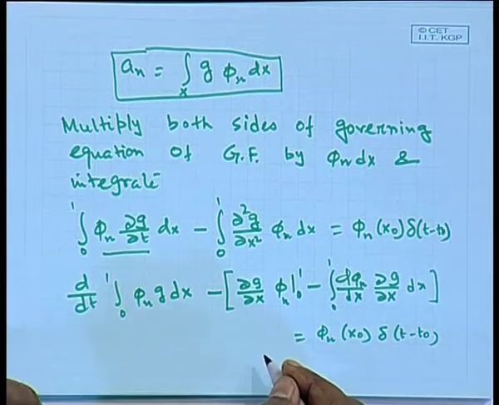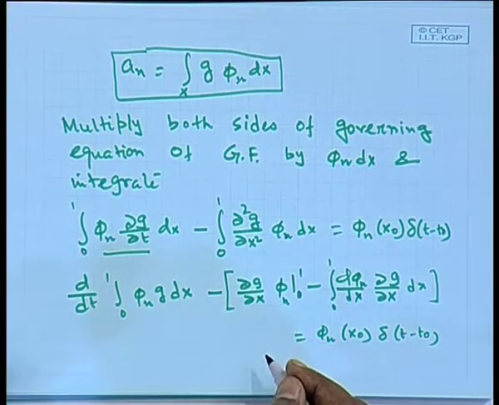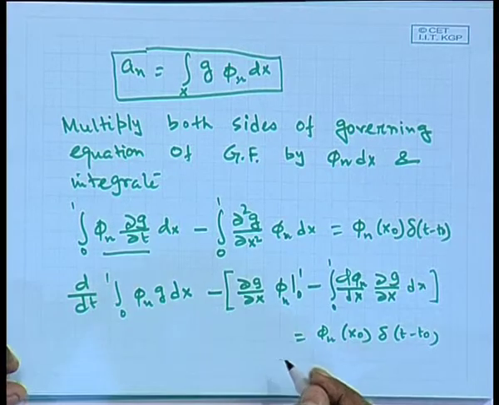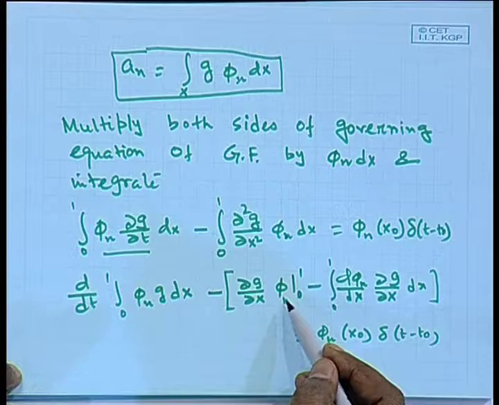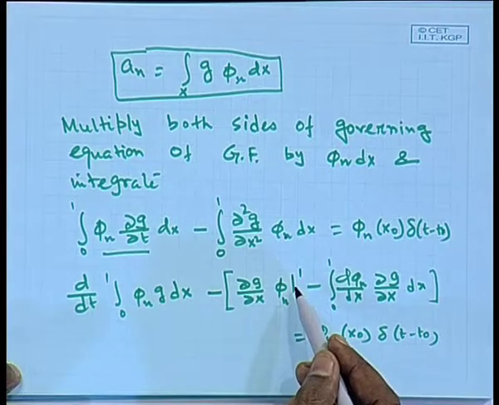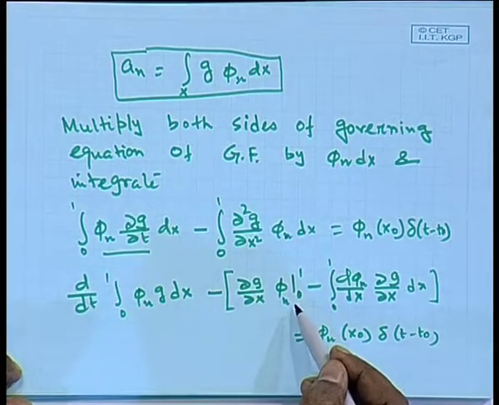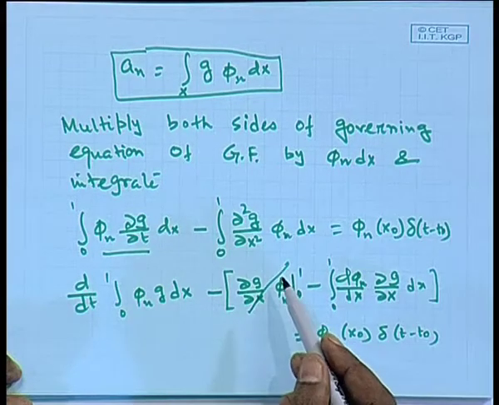Okay. Is it right? So what is phi n? Phi n at x equal to 1 is 0, phi n at x equal to 0 is 0. So there is no contribution from this term.